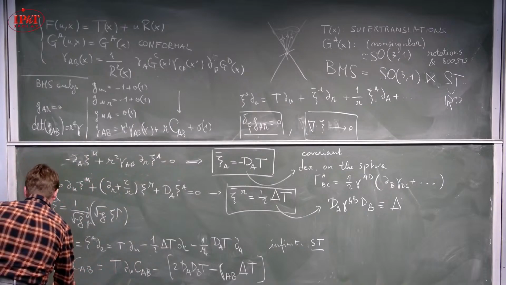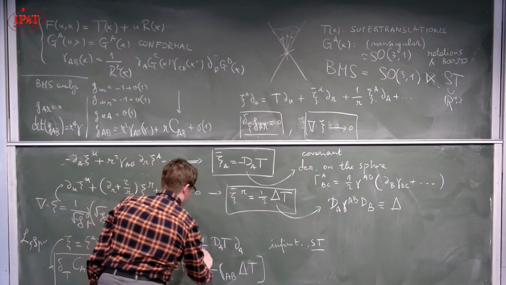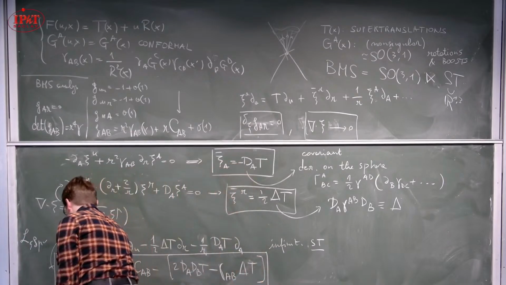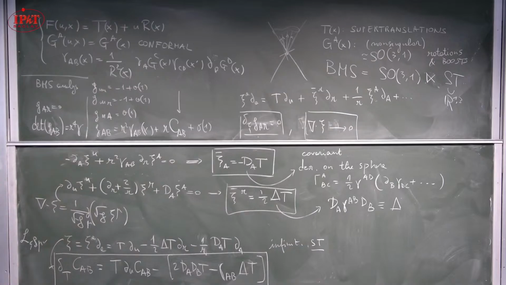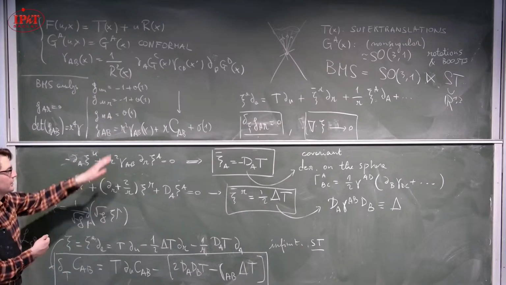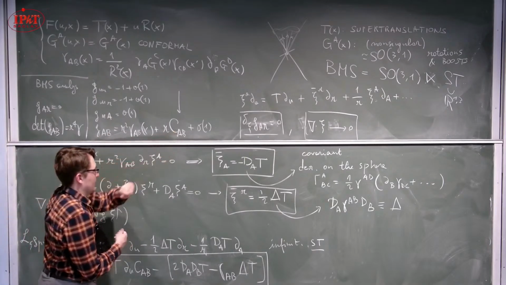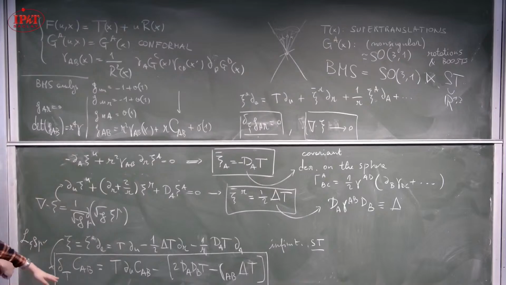Although, the emphasis, at least in the GR literature, but also in the more recent literature in connection with soft theorems, is that this transformation should not be regarded as gauge redundancy, because it acts non-trivially on the asymptotic data, in particular on this thing, which is precisely the metric. These are the two independent components.